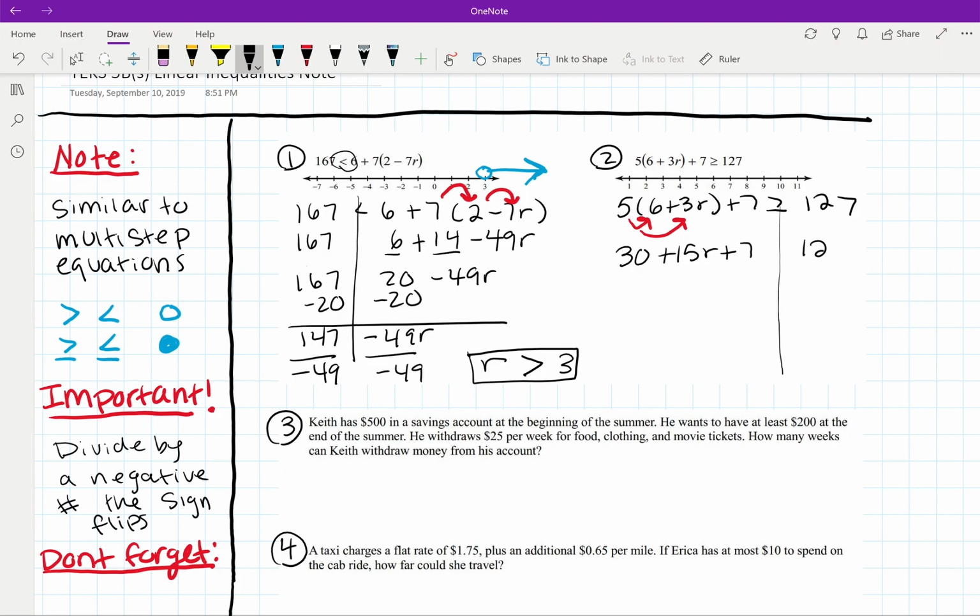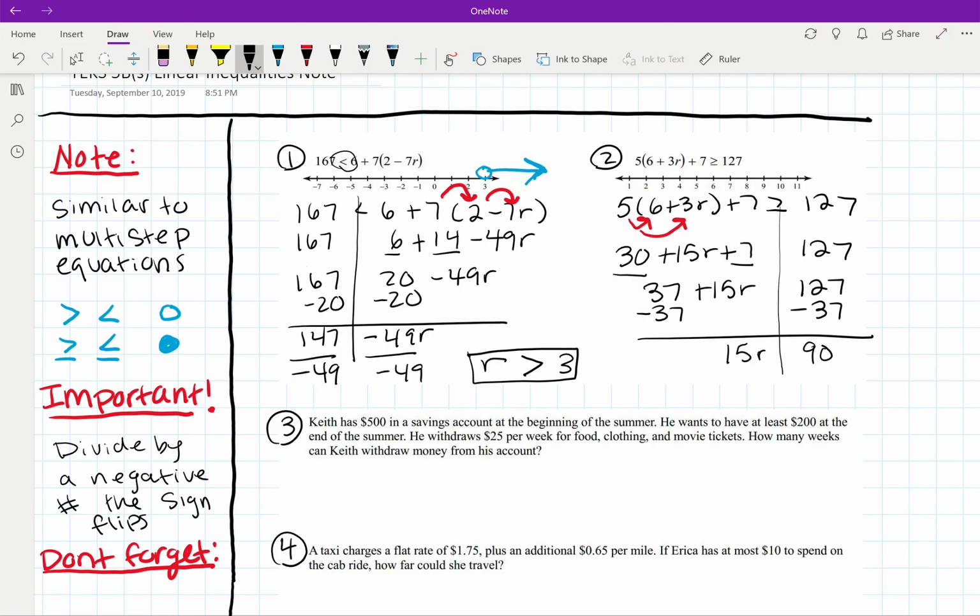We're bringing everything else down. Then I'm going to combine like terms. So 30 and 7 gives me 37, plus 15r, bringing everything else down. Then I'm going to subtract 37. So 127 minus 37 is 90. And then I have 15r.